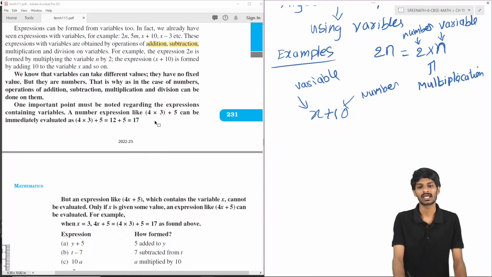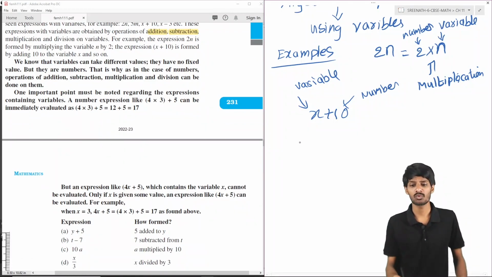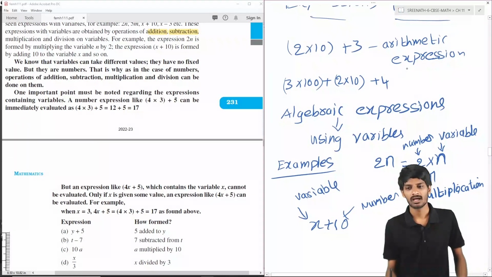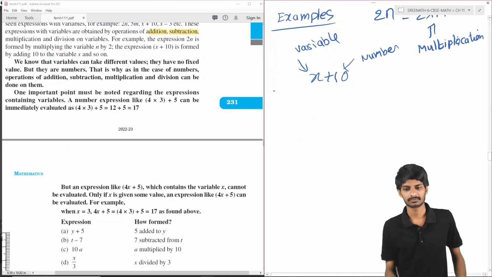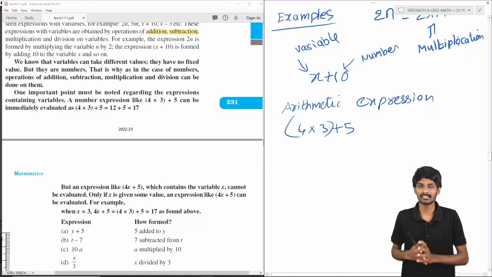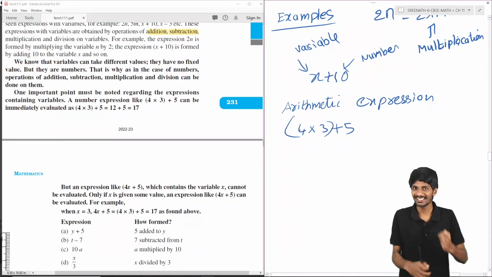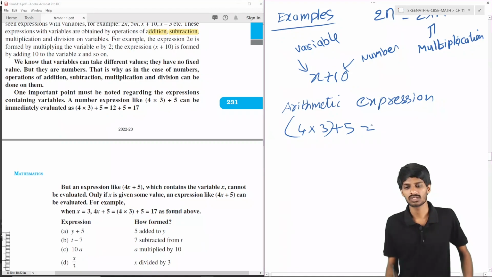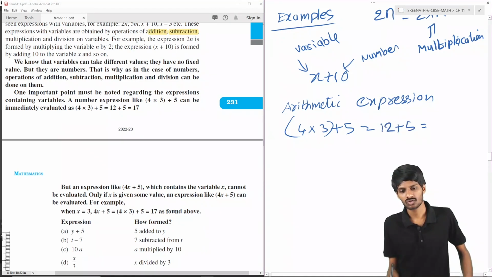A number expression can be immediately valued. If you have an arithmetic expression like 4 into 3 plus 5, we can simply calculate it, we can immediately evaluate it: 4 threes are 12 plus 5, that is equal to 17.